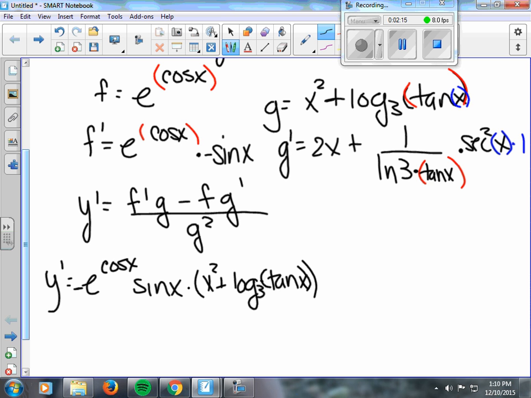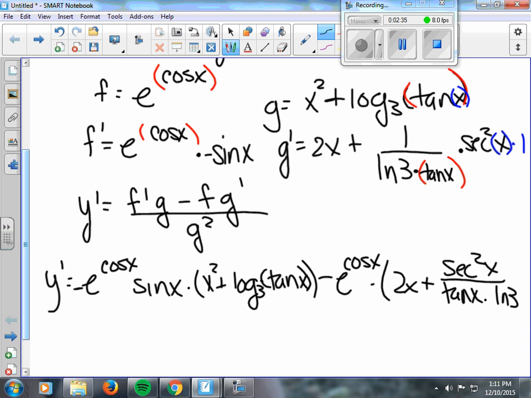and that is f prime g minus fg prime. F is e to the cosine of x, and g prime is 2x plus the secant squared of x over the tangent of x times the natural log of 3. I just put that natural log of 3 in the back, and I multiplied the tops and the bottoms, all divided by g squared.